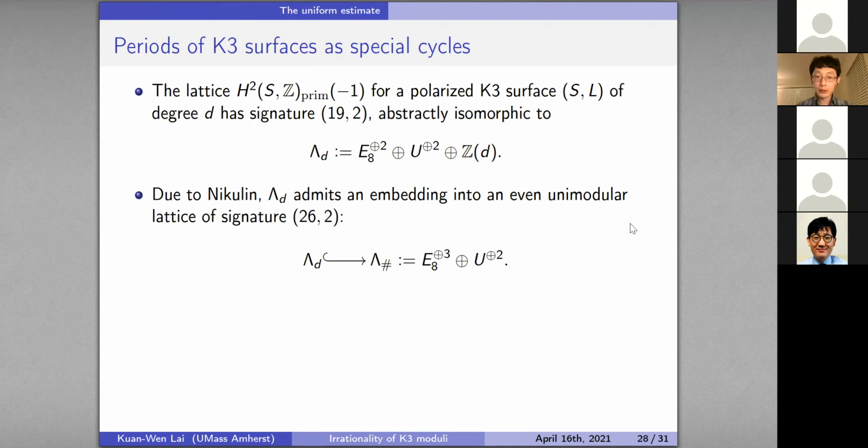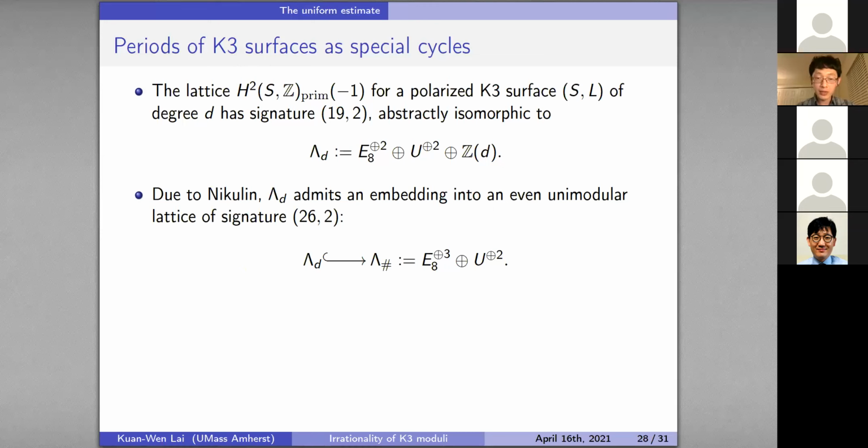And due to Nikulin, this lattice admits an embedding into an even unimodular lattice of signature 26,2, which in this talk is denoted by Lambda sharp. It's just three copies of the E8 lattice, summed with two copies of the hyperbolic lattice. We have this embedding, and it can be made very explicit.